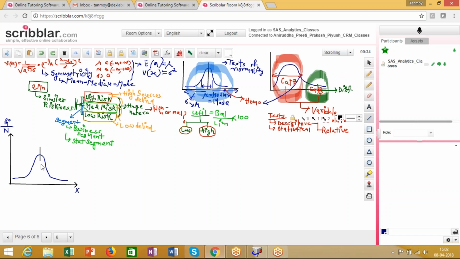Let's split this into two parts. Over here, one is mu, where the median is equal to the mode.